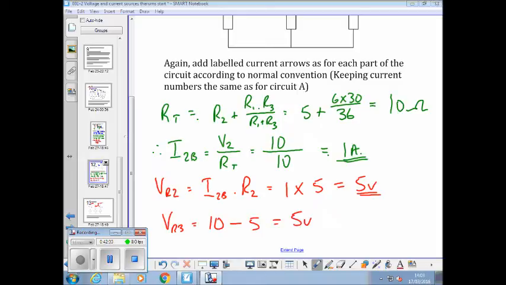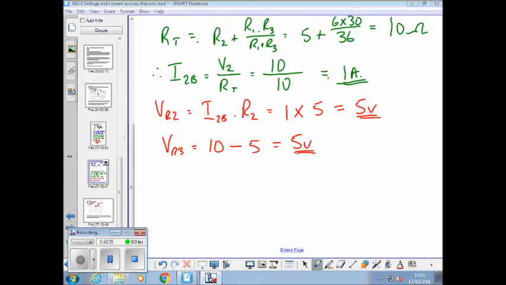Speed this up a little bit. That will give us what? I1B, which is VR3 over R1, 5 over 6. 0.833 amps.